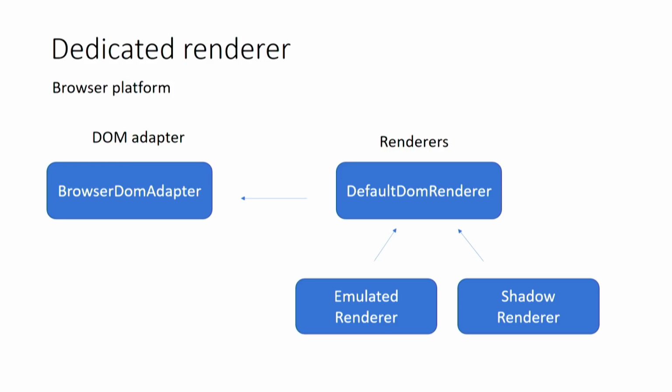And this is one of the reasons why you cannot simply inject a renderer into a standalone service. It would be unclear what type of renderer you need. And every platform has one default renderer, which interacts with the DOM adapter. And all other renderers, we've seen few here, also there is debugging renderer. They all delegate all DOM operations to the default DOM renderer.